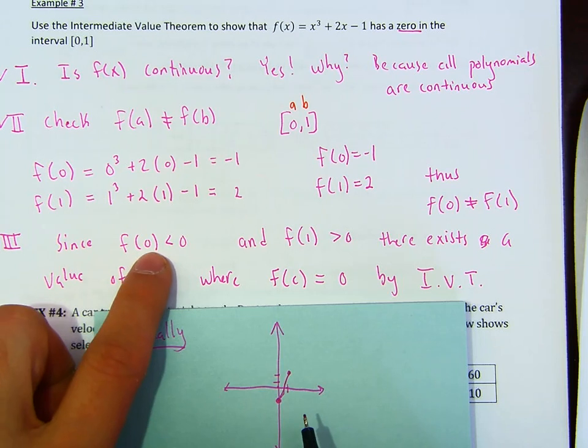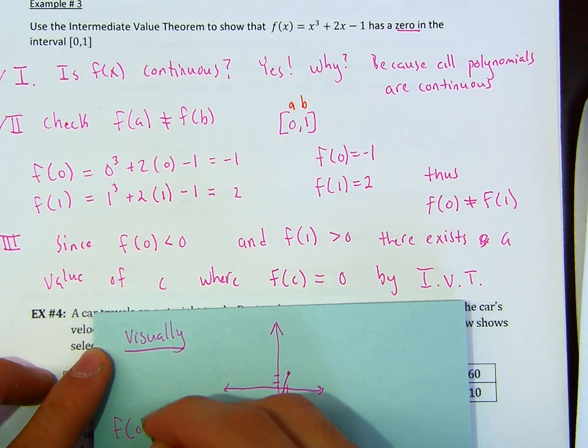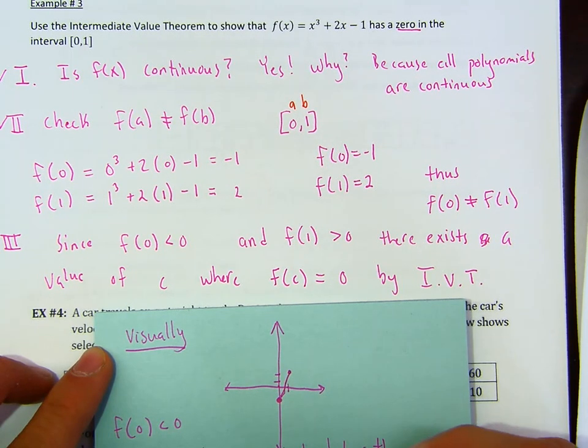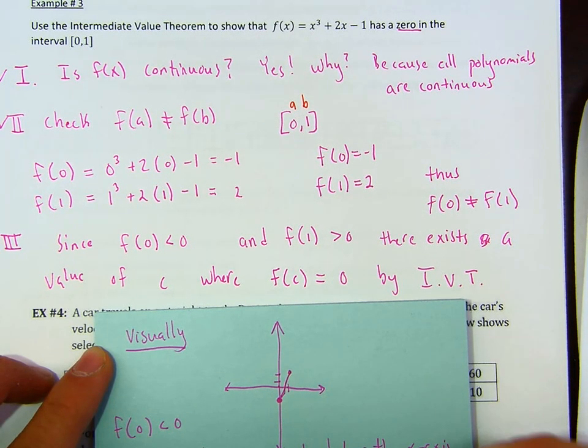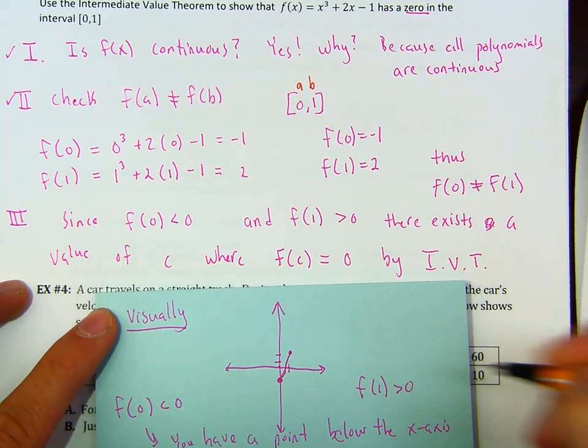You see, when I have f of 0 is less than 0, this is saying you have a point below the x-axis. What does this say? f of 1 is greater than 0.